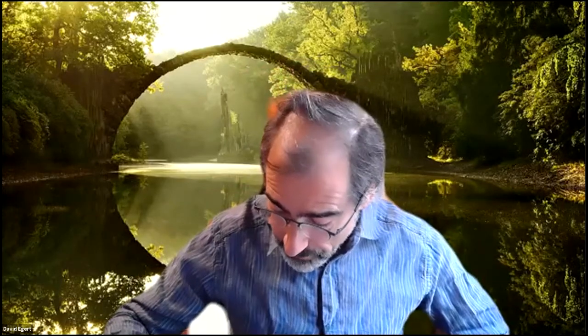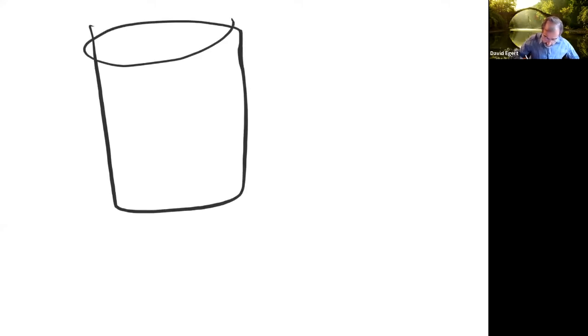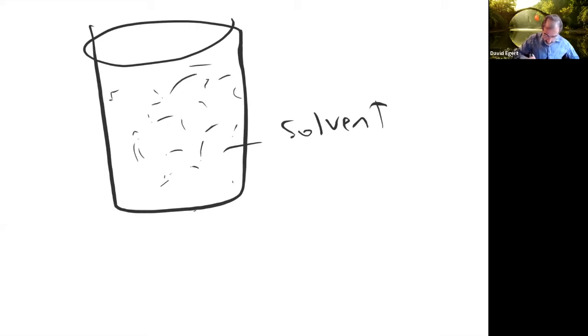So in order for that part about starch versus glucose to make sense, I need to bring one more little point in here. In that picture we said there was a solvent, which is the stuff that's in the majority.